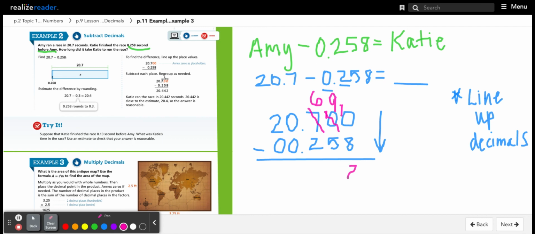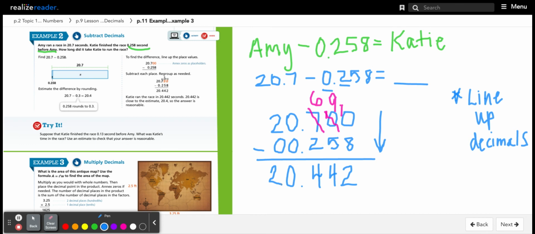And before I started subtracting, I forgot a step. What step did I forget that I should have done before I started even regrouping or subtracting? I should have brought down that decimal point. Now I'm ready to subtract. 10 minus 8 is 2. 9 minus 5 is 4. 6 minus 2 is 4. 0 minus 0, 0. 2 minus 0, 2.